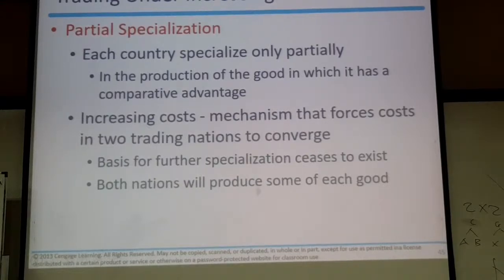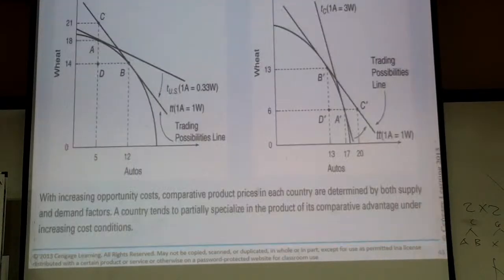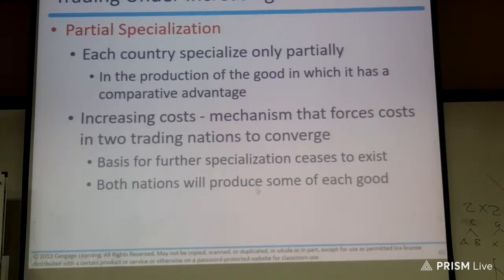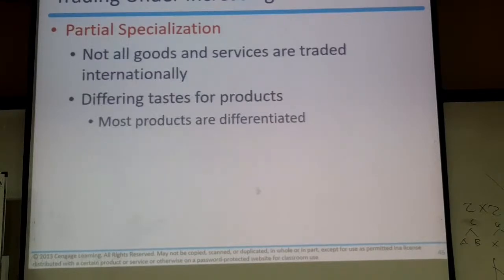Once you get to this point, point specialization, B and B prime cease to exist. So they trade there. So further specialization ceases to exist. Both nations will produce some of each good.